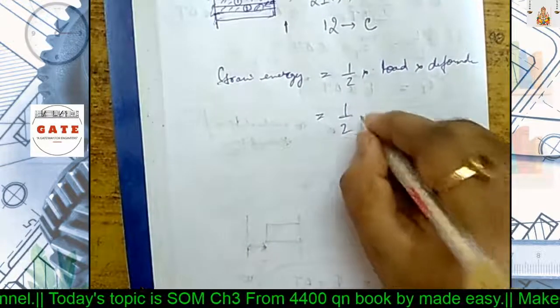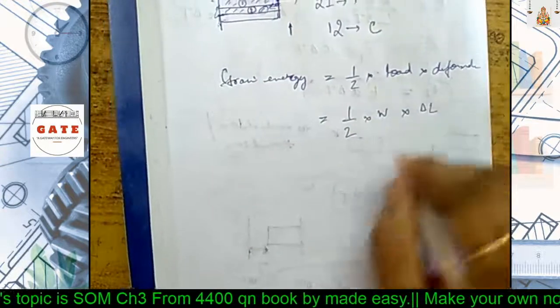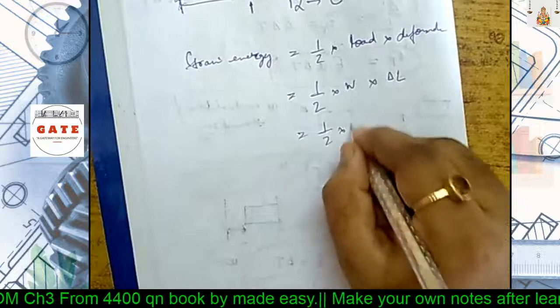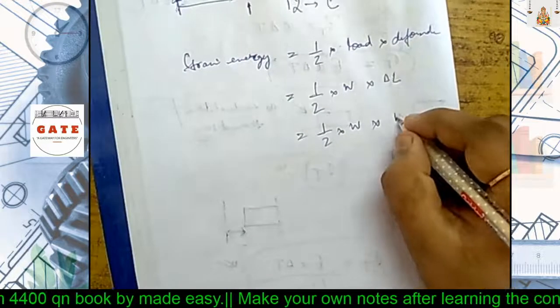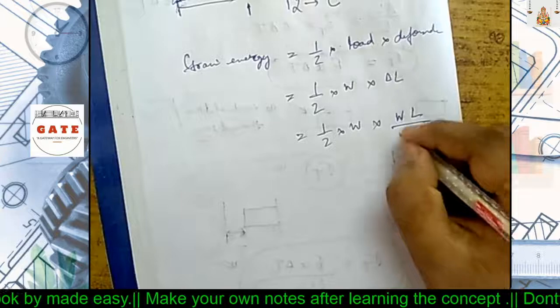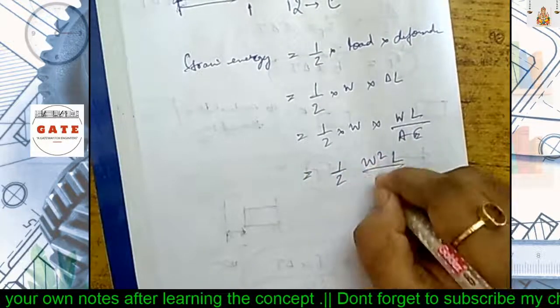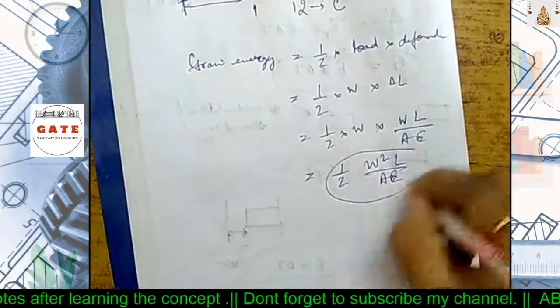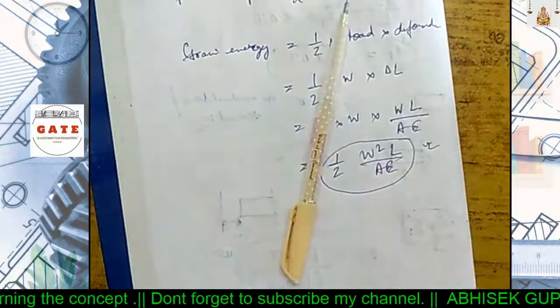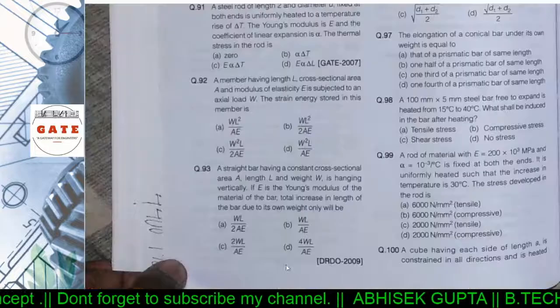So half into W into delta L, that is half into W into WL upon AE. So half W square L upon AE is the strain energy when load is applied.